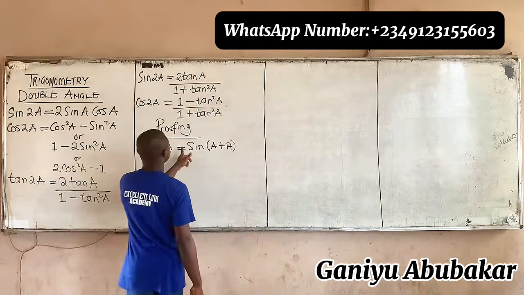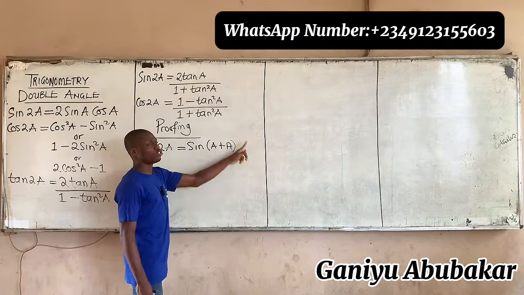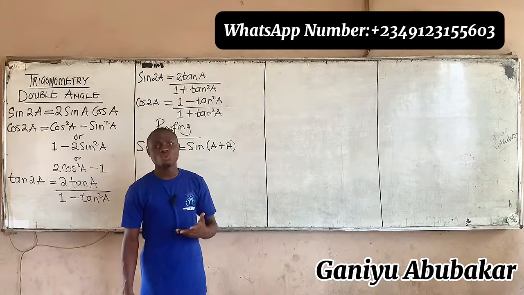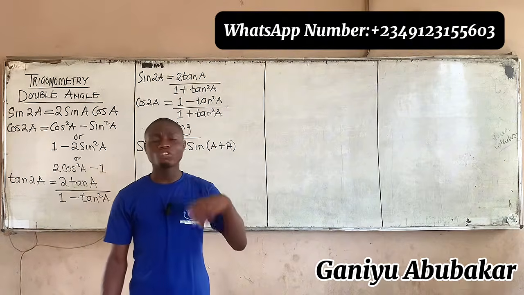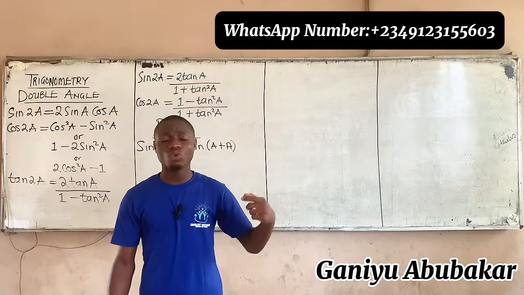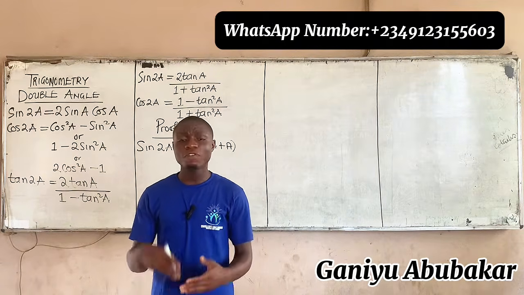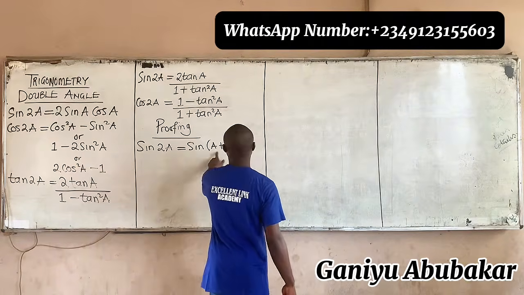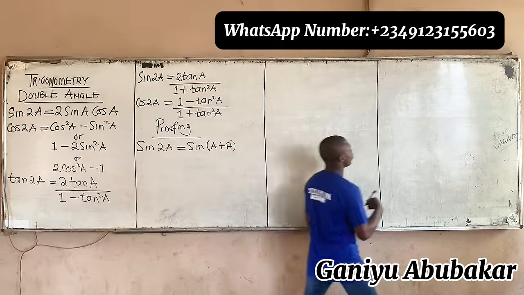Now, looking at this will take me back to what we refer to as the concept of compound angle. I've done a video on compound angle, right? I'll drop the link to compound angle in the description of this video. So if you're familiar with compound angle, this should not be a problem, right? So for this one here, go back to your compound angle concept.